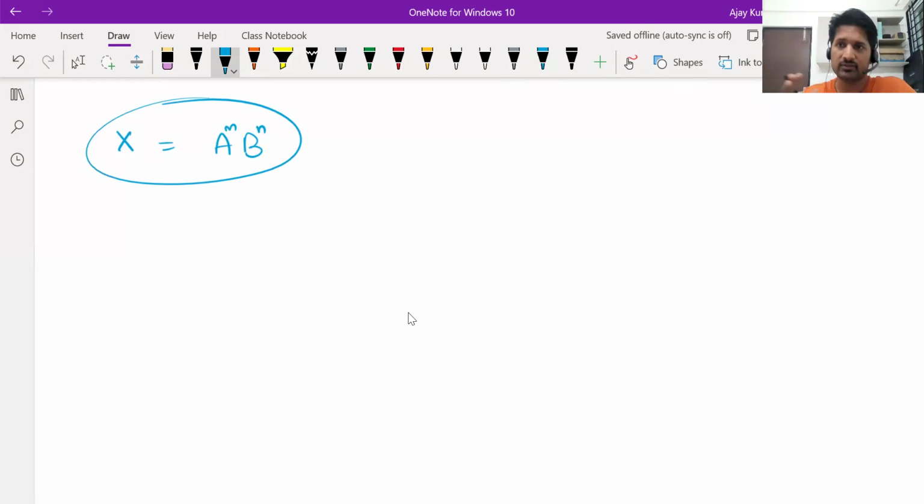And in case of multiplication and division, if the errors are small, percentage error, or if not percentage, relative error also you can go for.